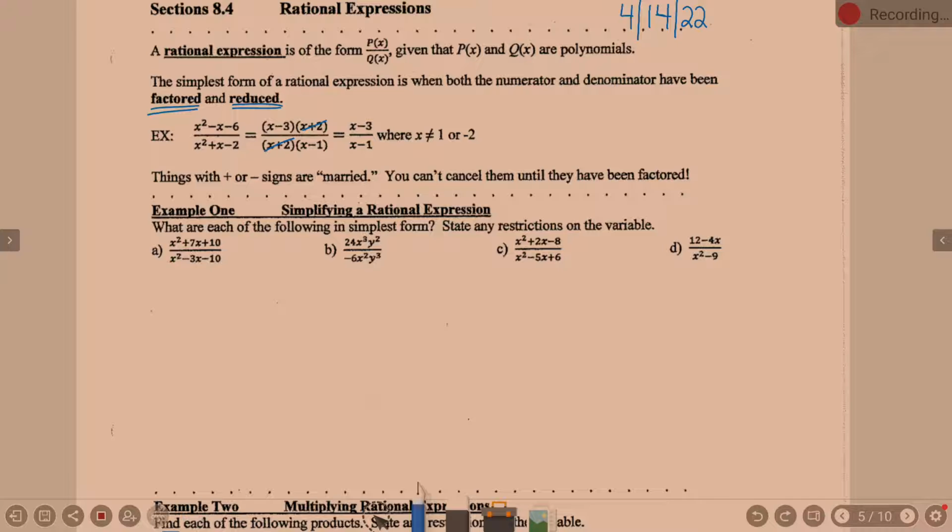X plus 2, which was part of the original problem, would equal 0 when x is negative 2. So these are the restrictions on the variables. Or again, some books call them excluded values. So to make this a valid fraction, x would not be able to equal either of those values.